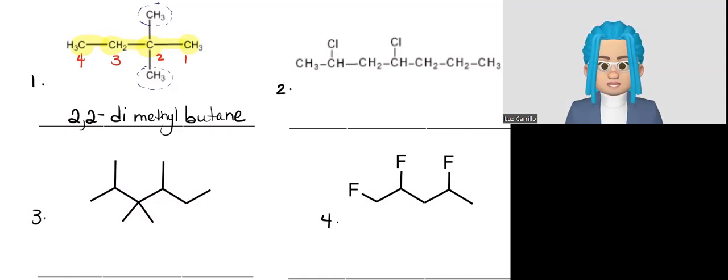When I select my parent chain, I have 1, 2, 3, 4, 5, 6 carbons in length. That means that my parent chain is called hexane.